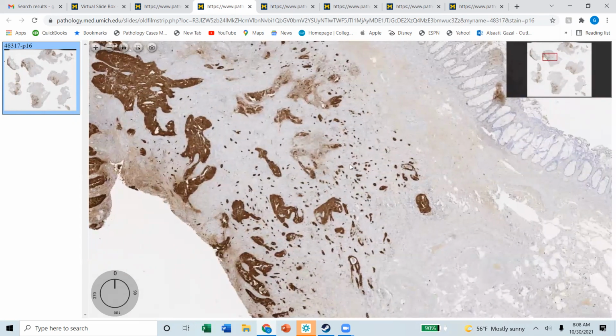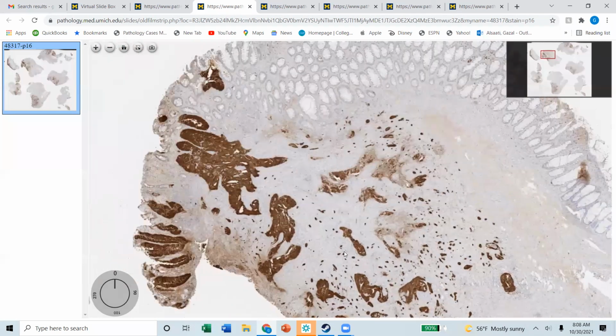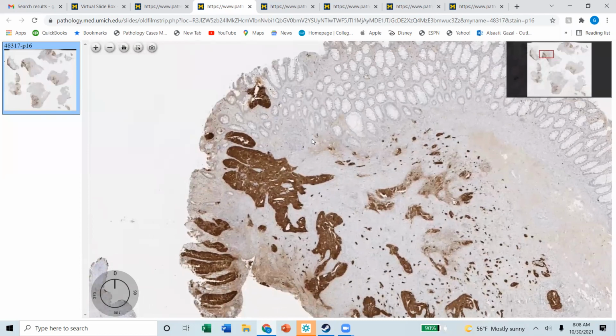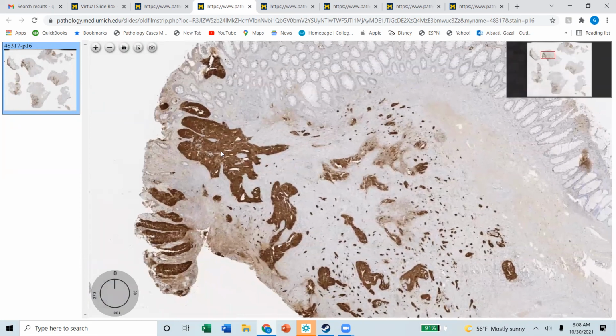They invaded the lamina propria, went down, and started throwing tumor droplets all the way into the lamina propria and the submucosa. This is so impressive. Honestly, I have never seen HPV-related adeno. We've always been relating the HPV to glandular, but this is quite impressive.